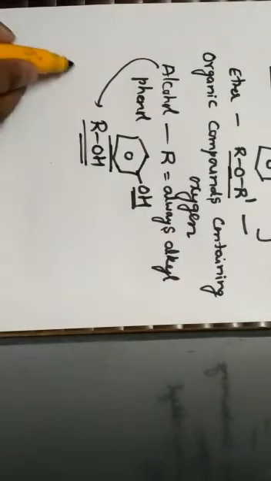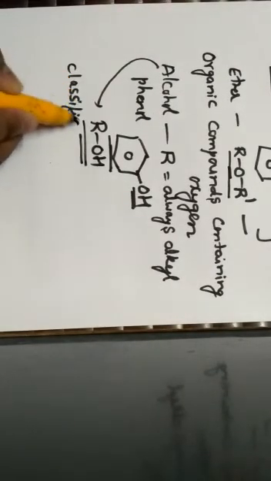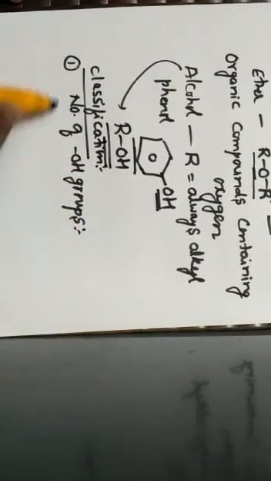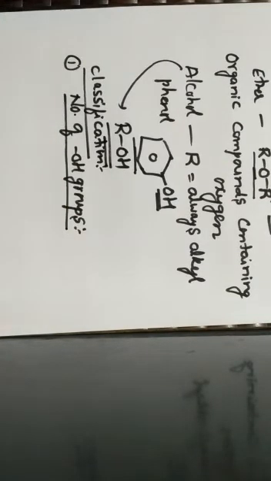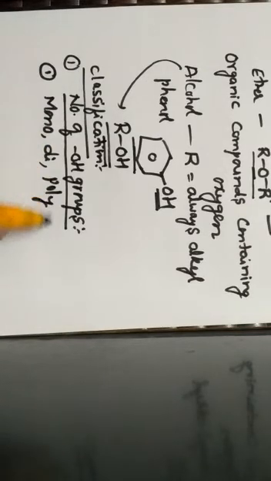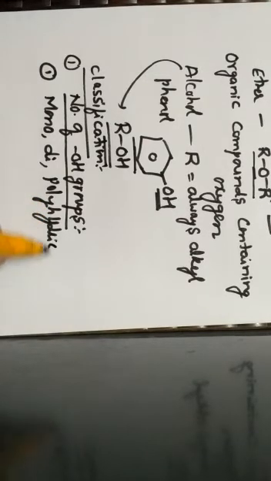Next concept: the classification of alcohols and phenols. This classification majorly depends upon two different categories. The first category is the number of OH groups. Based upon the number of OH groups, alcohols and phenols are categorized as monohydric, dihydric, and polyhydric compounds.